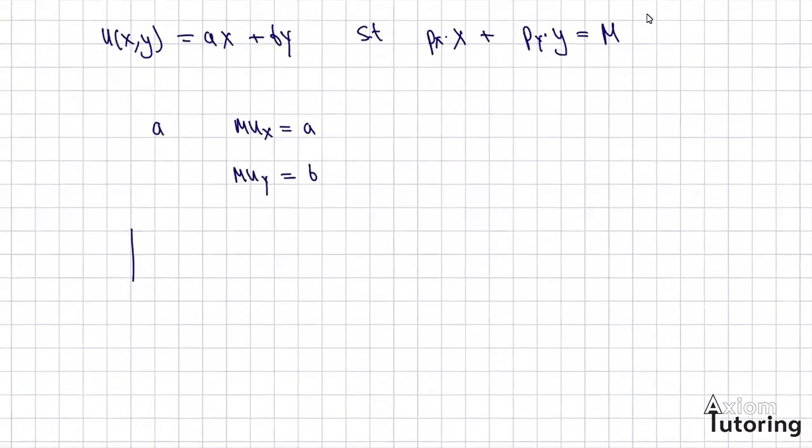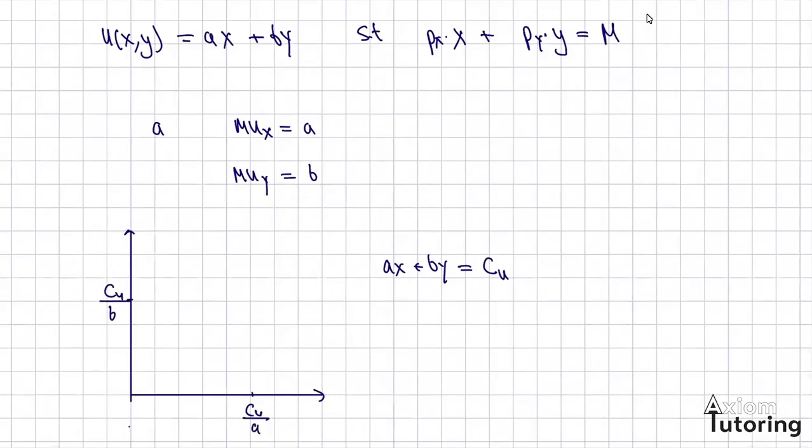So when I draw an indifference curve, the indifference curves would be AX plus BY is equal to some constant utility, if you like, CU. And I have CU over B, and CU over A, this would be your indifference curve.